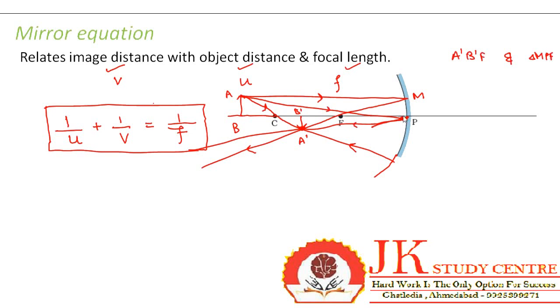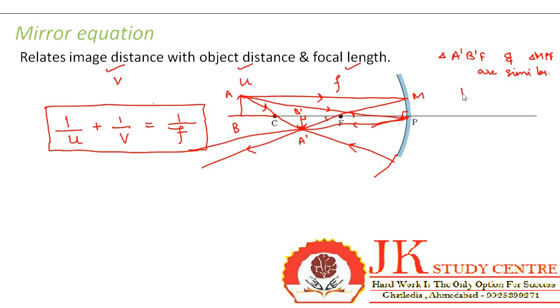So this is MPF, this triangle, and this is A dash B dash F. So if you compare these two triangles, you have vertically opposite angles. You have this as 90 degree and these as 90 degree. So we can say that since all the angles of these two triangles are similar, triangles A dash B dash F and triangle MPF are similar triangles.